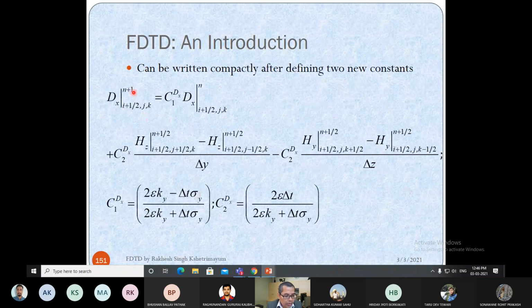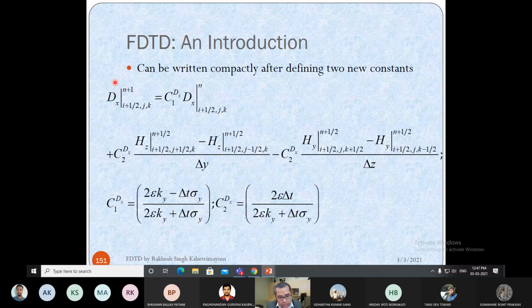So finally Dx at n plus 1, i plus half, j, k is equal to some constant C1 Dx times Dx at n, plus C2 Dx times the magnetic field terms. So what is C1 Dx? C1 Dx is the material dependent parameter. You can find it out: 2 epsilon kappa y minus delta t sigma y, divided by 2 epsilon kappa y plus delta t sigma y, that we have derived just now. C2 Dx is basically 2 epsilon delta t divided by 2 epsilon kappa y plus delta t sigma y.